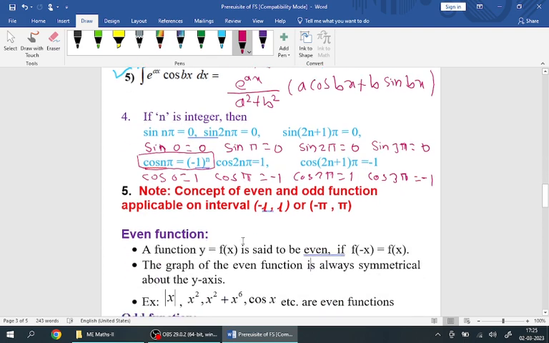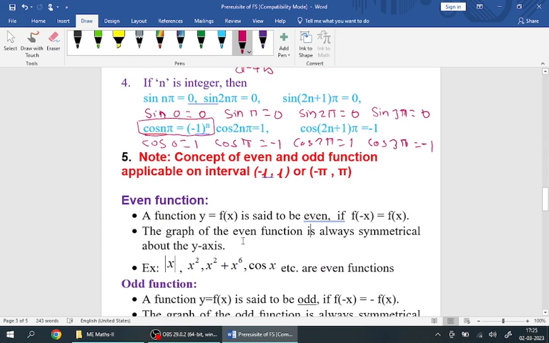And lastly, a last prerequisite that we require is the concept of even and odd function. Remember, this requires only some particular types of examples where the interval of a Fourier series is either minus L to L, or in particular minus pi to pi. So the value of L is pi here.